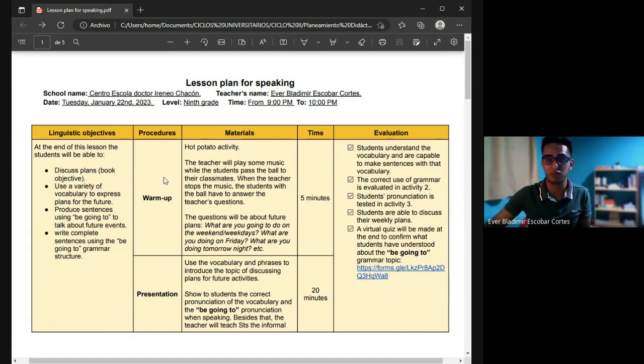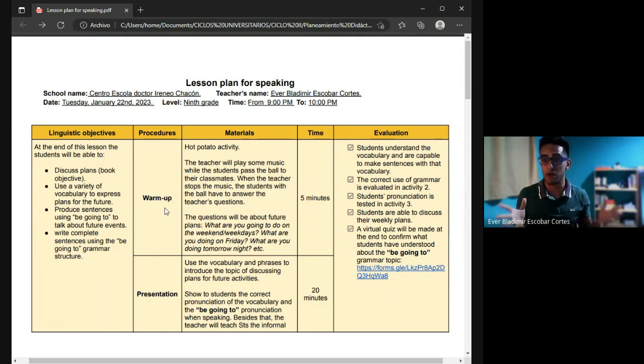So the first thing that we need to consider when we are planning a lesson plan is the linguistic objectives, right? In this case, I have four objectives, and number one is the book objective, discuss plans, and then number two says use a variety of vocabulary to express plans for the future and produce sentences using be going to talk about the future events and write complete sentences using the be going to grammar structure.